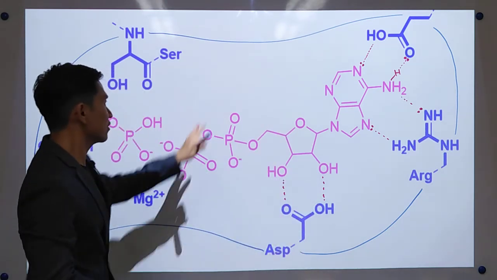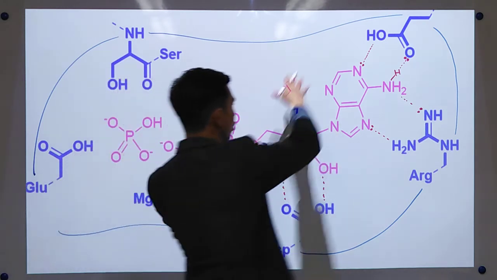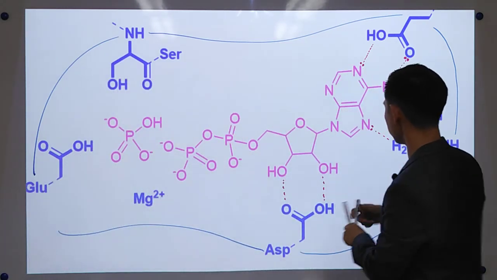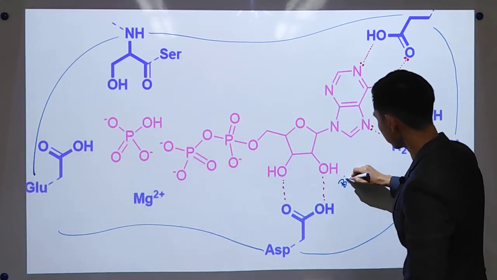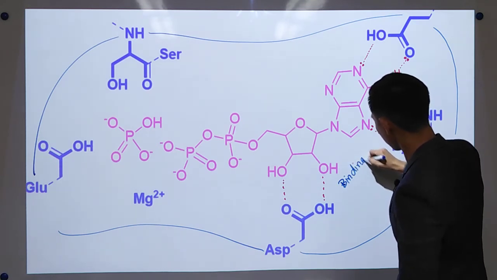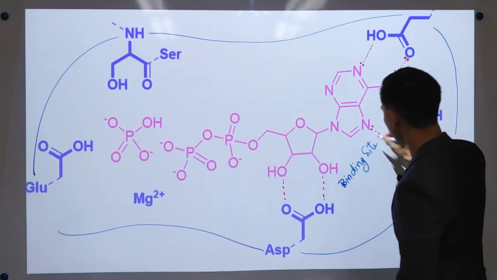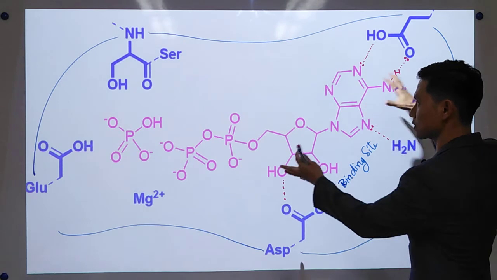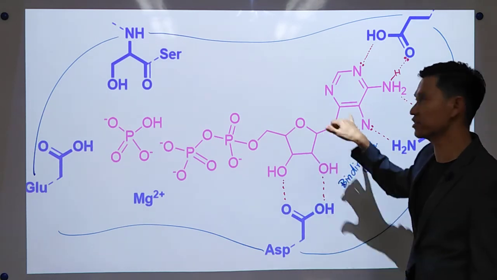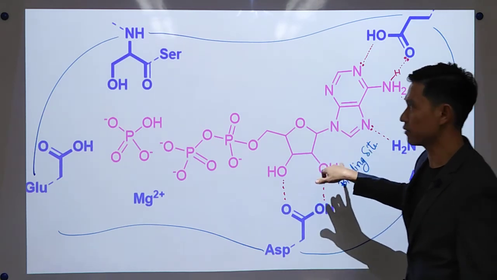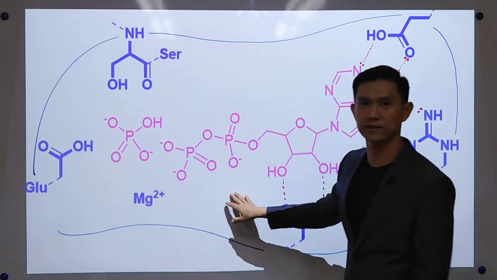Now that is the binding site. So all over the place here is a binding site. The binding site binds your substrate to stay in place. And then this is your active site.